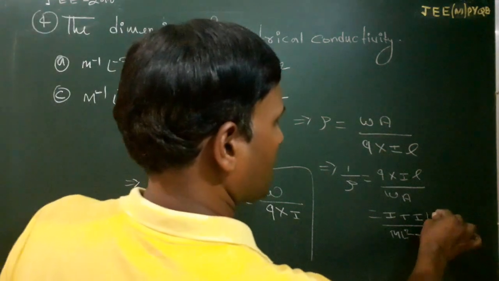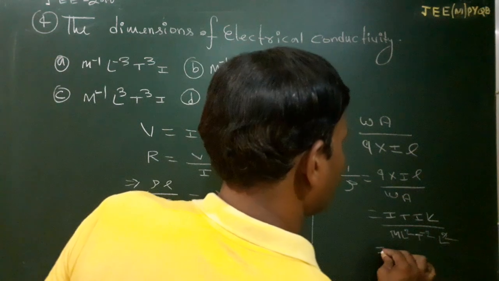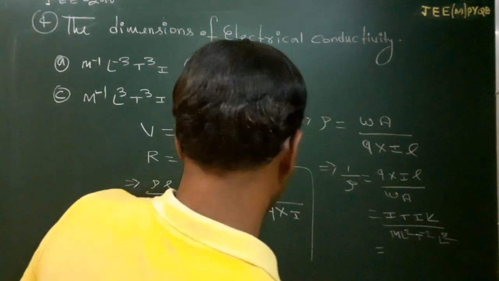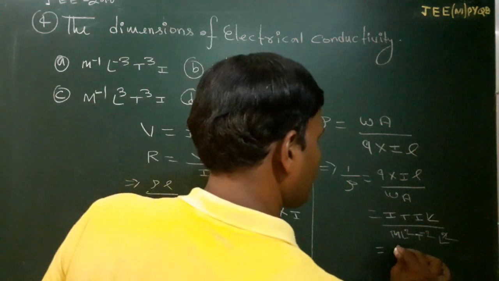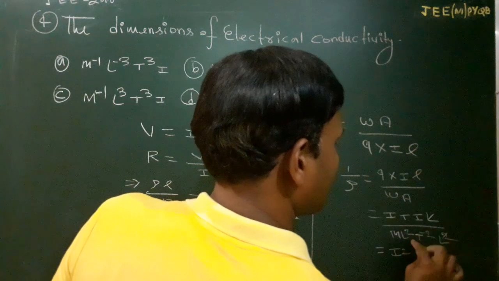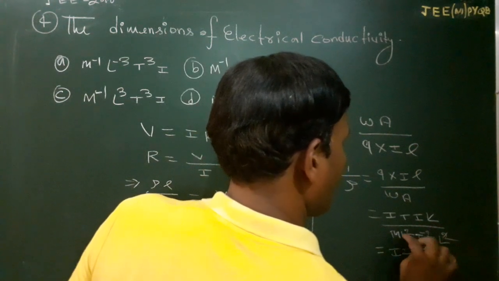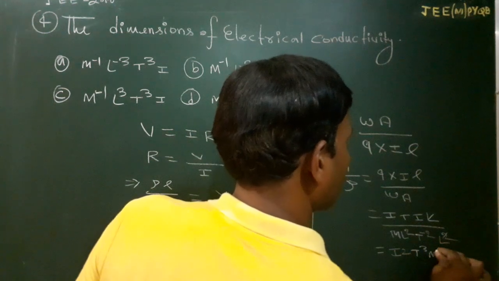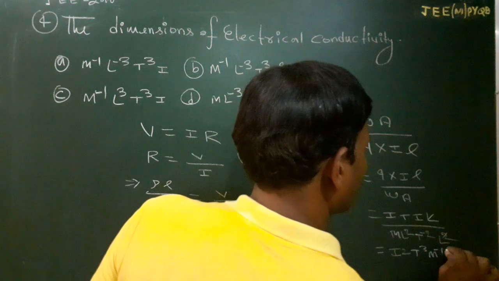So one L cancels here, and this is I2. You can put I2, and this is T and T, so T3, and M minus 1, and this is L minus 3.